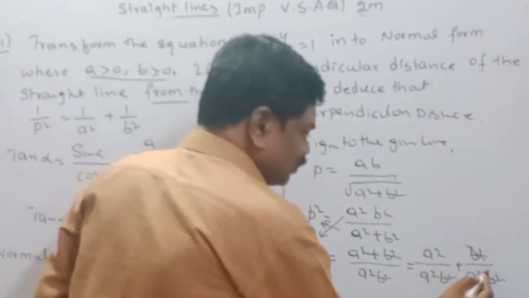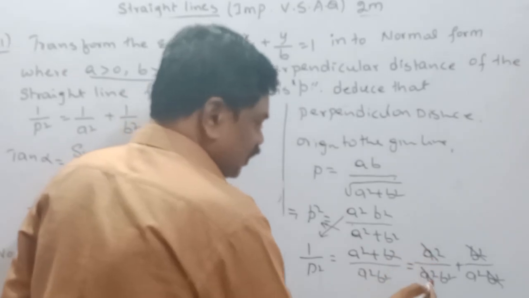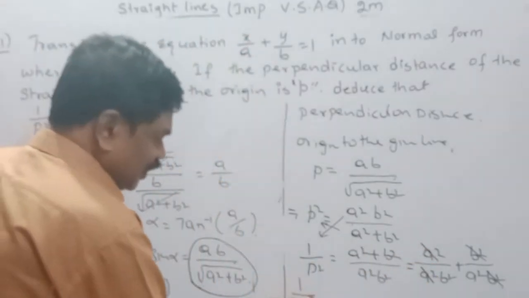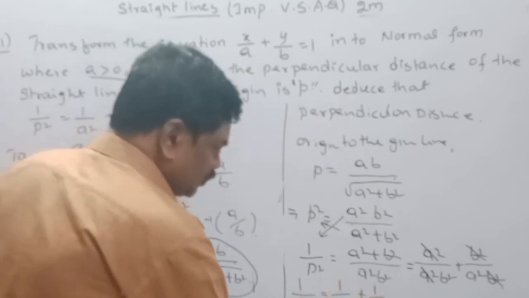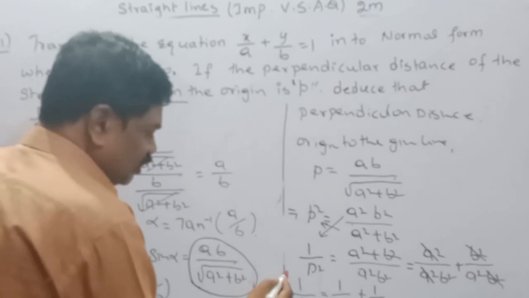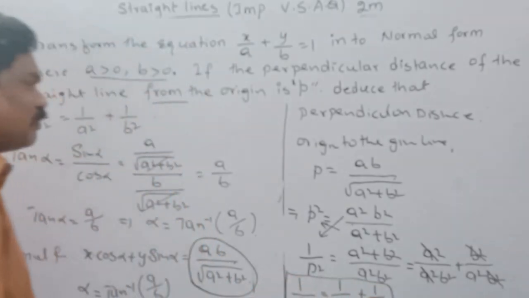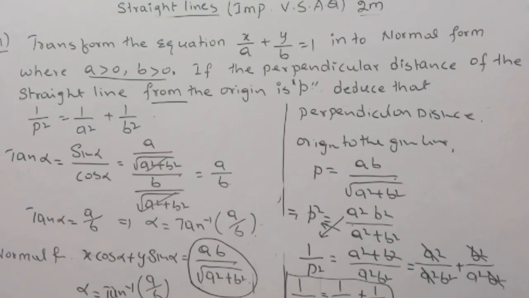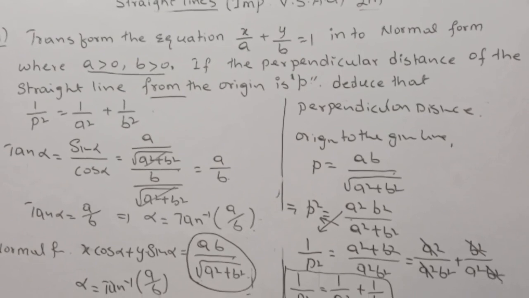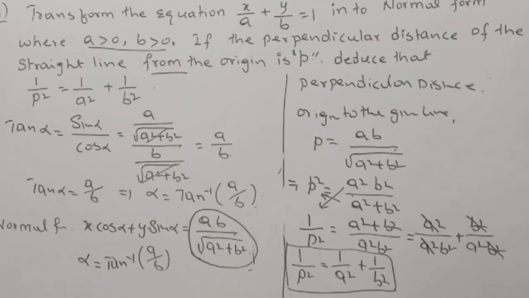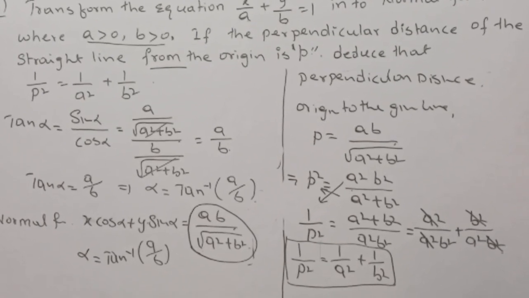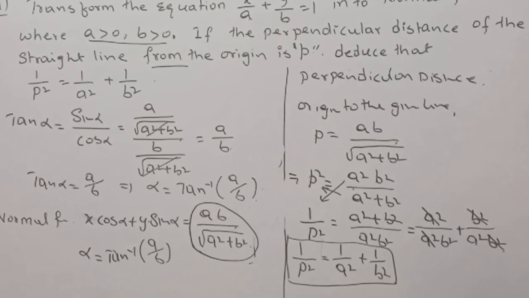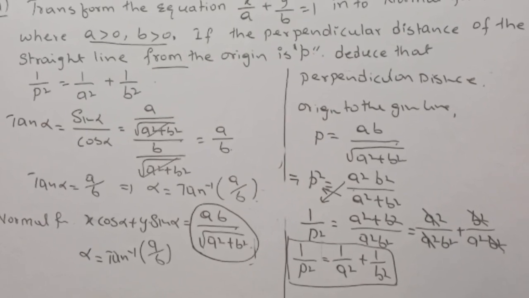Then b square cancels, a square cancels. What we can write is 1 by p square is equal to 1 by a square plus 1 by b square, where p is the perpendicular distance from origin to the given straight line x by a plus y by b is equal to 1. Okay, all of you. That's all. The normal form of the given equation and the perpendicular distance from origin to the given equation is this.